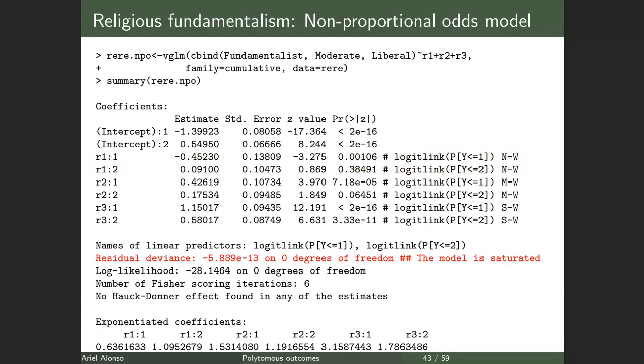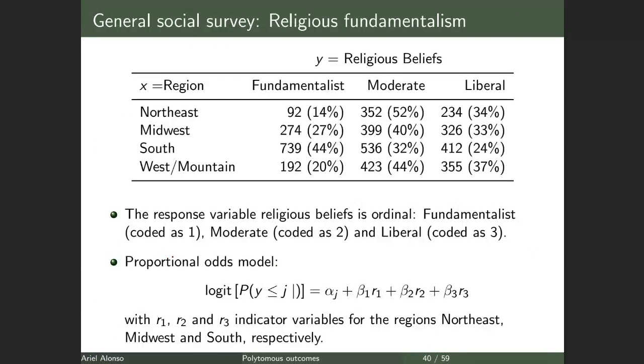And you can see now that when you look at the residual deviance, the degrees of freedom are equal to 0. So this is a saturated model. And to see that this is a saturated model, you just need to look at the table over here. You have 4 regions.